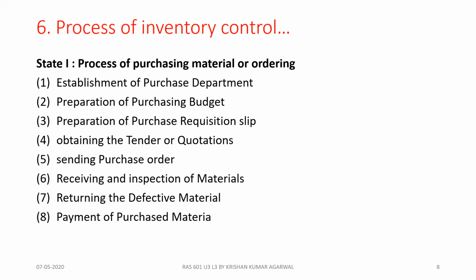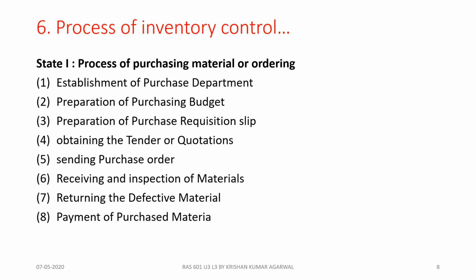Next, we'll see the different processes of inventory control. Inventory control is a process that involves certain stages. In the first stage, one has to take the decision related to purchase, and for that, placement of order is required. To pursue this stage, one has to establish a separate purchase department in the plant.